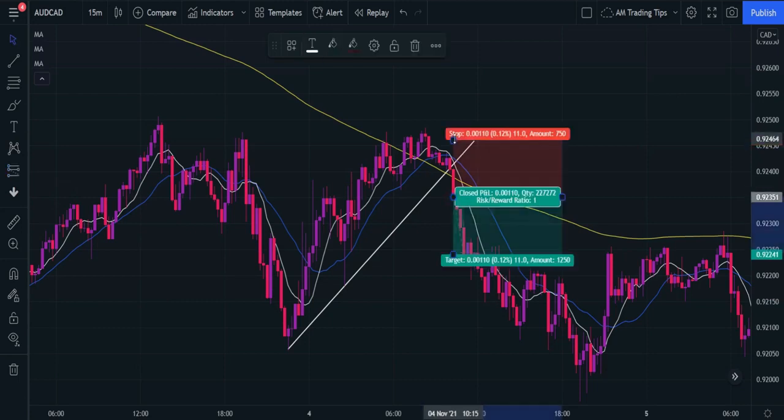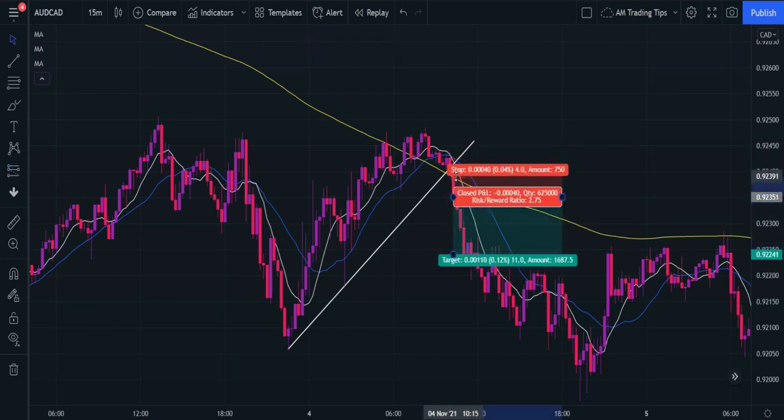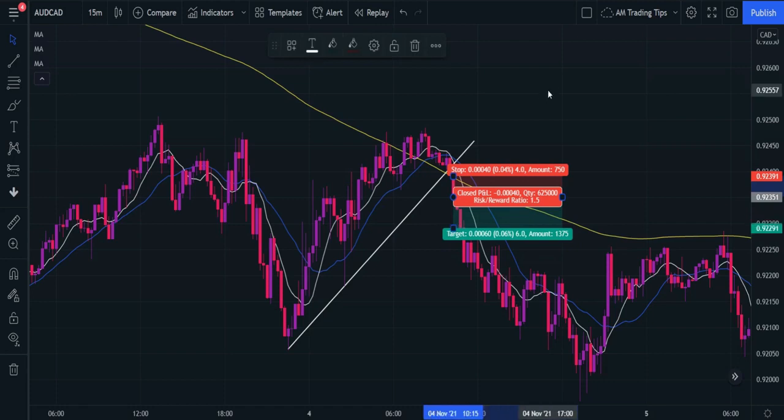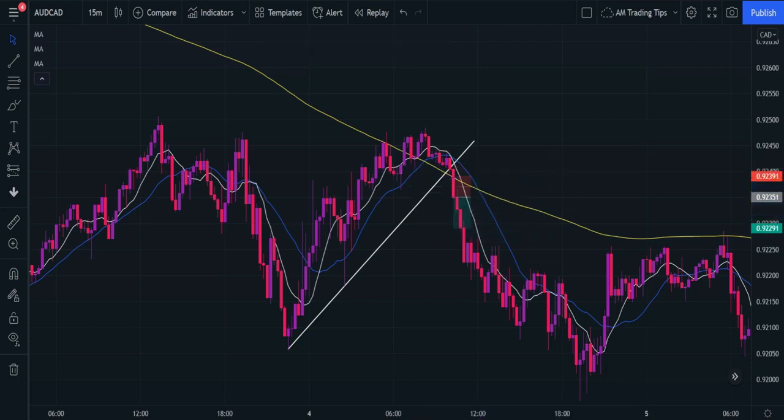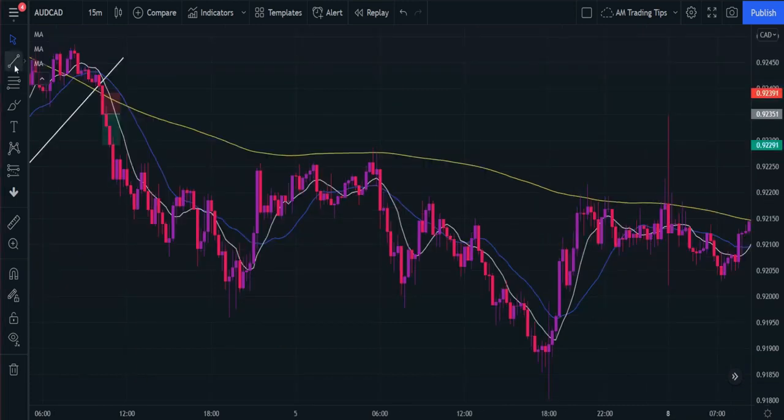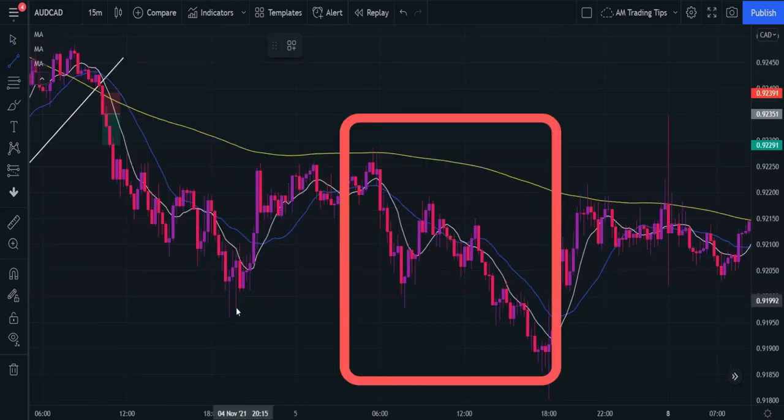We can place our stop loss above the 200 EMA, and place our target at the 1.5 risk-reward ratio. As you can see, price took a strong down move after our entry. Here is also a perfect sell trade setup.